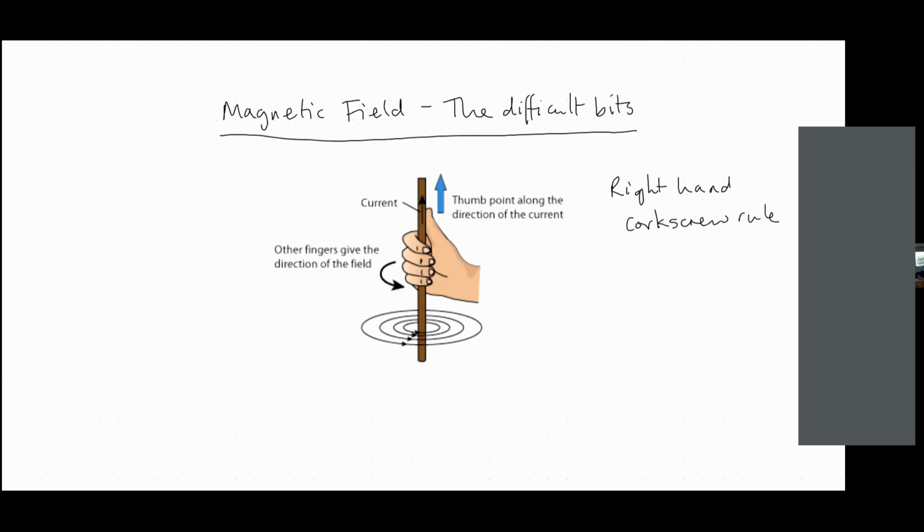And this is why when your current changes direction, for example, the electrons in it are changing from one speed to another speed. They're accelerating or decelerating. And the consequence of that is they change energy level. And when they do that, they produce an electromagnetic wave, which we call a radio wave.